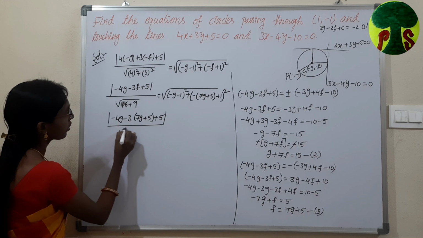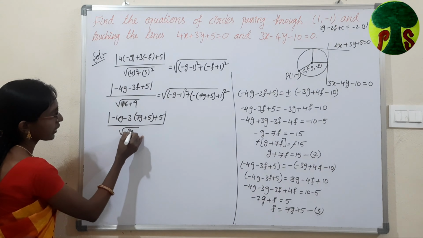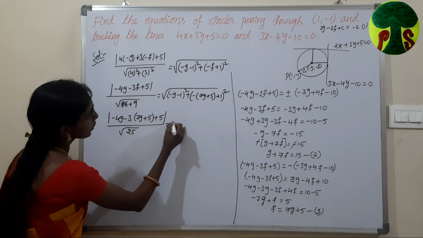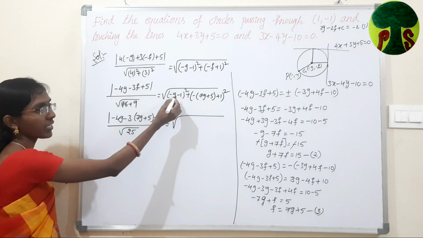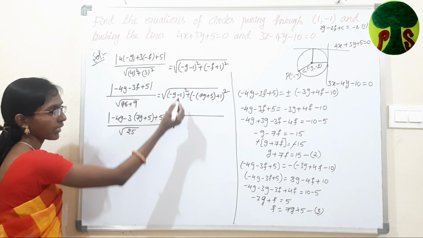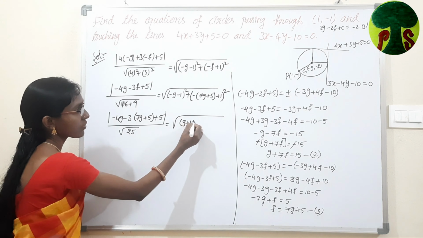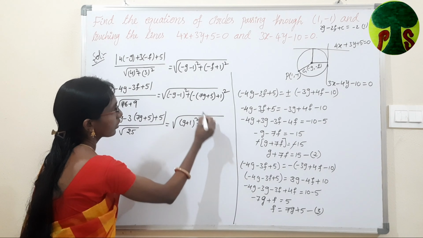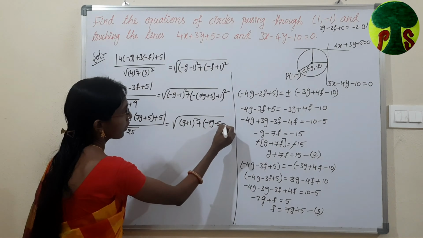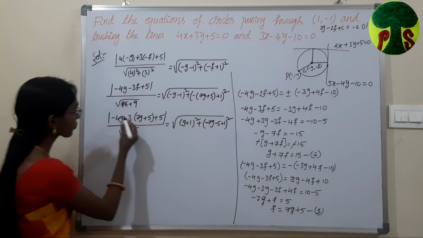divided by square root of 16 plus 9 is 25 is equal to square root of minus common, then we will get g plus 1. Minus whole square means plus only, we will get g plus 1 whole square plus minus 7g plus into minus 5 plus 1 whole square.